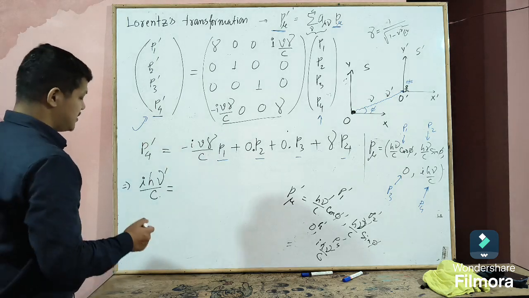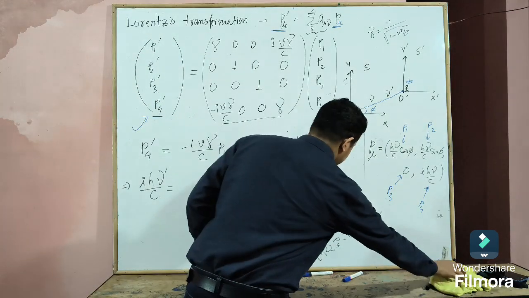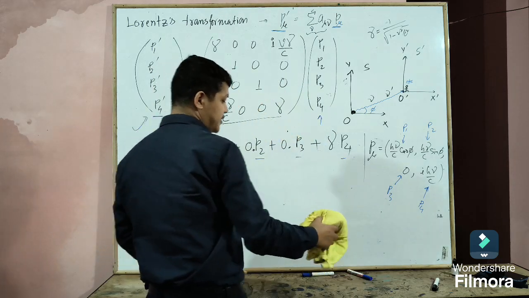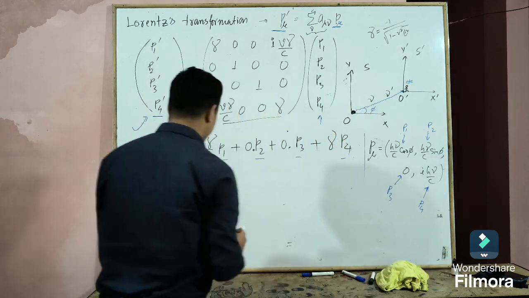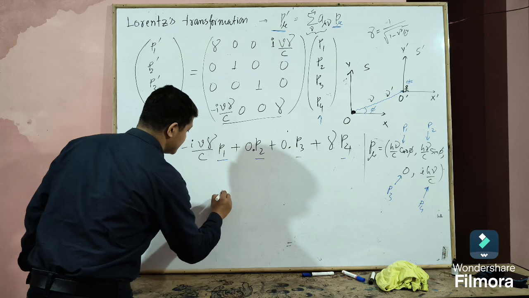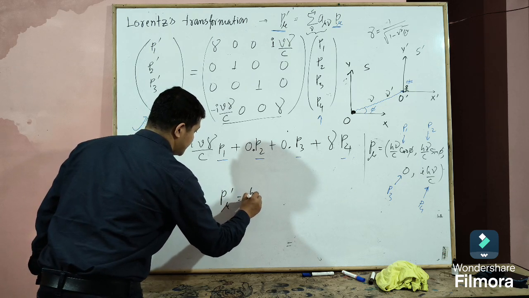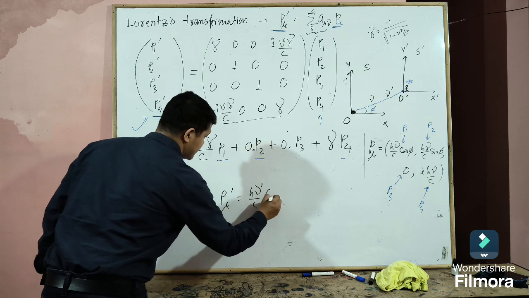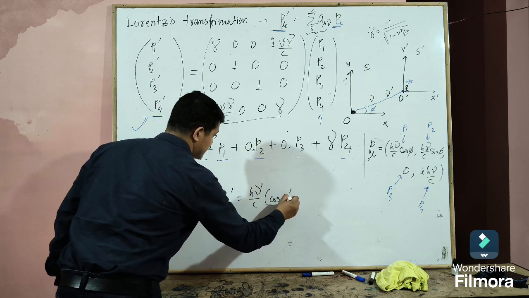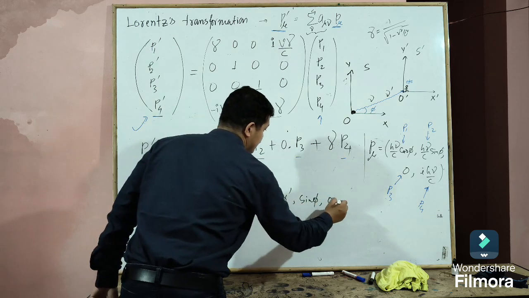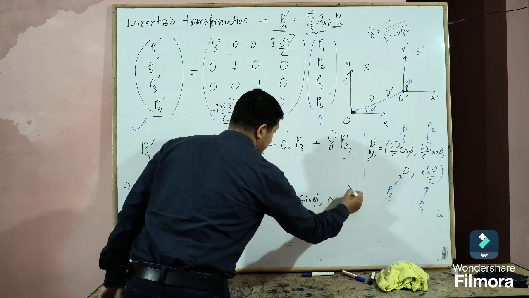Okay, then let me clean these things. If you have not understood, let me tell you again that we had written p mu dash is equal to h nu dash by c cos phi dash, comma sin phi dash, comma 0, comma I, right.